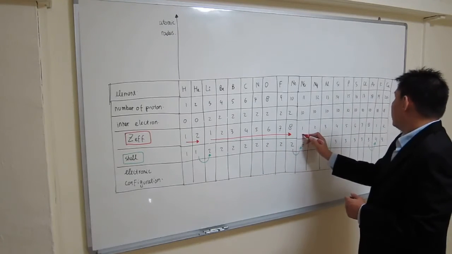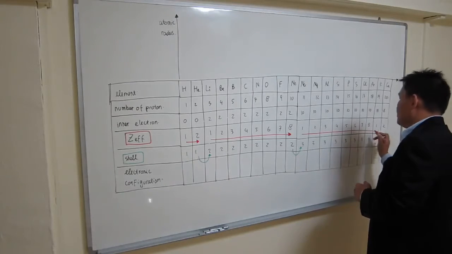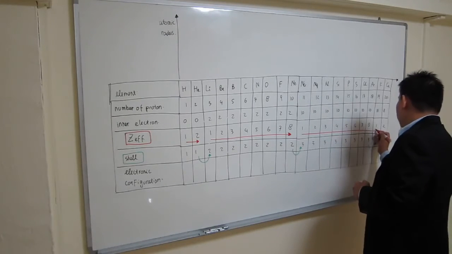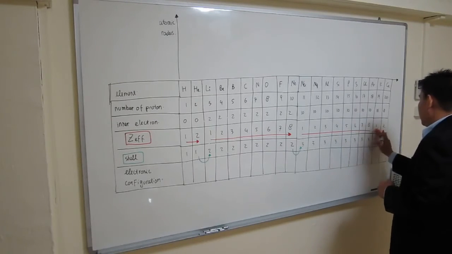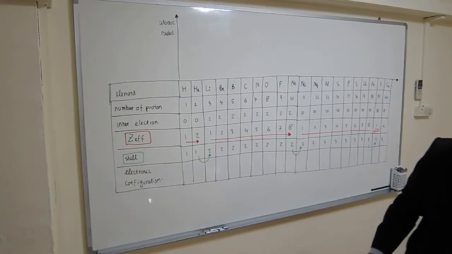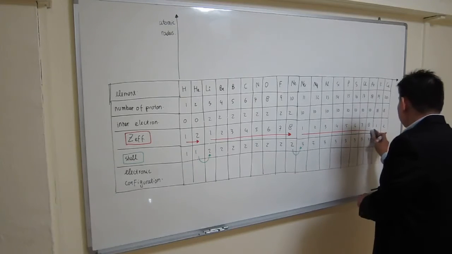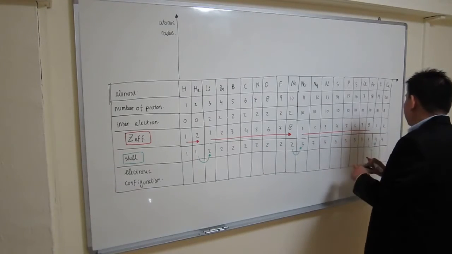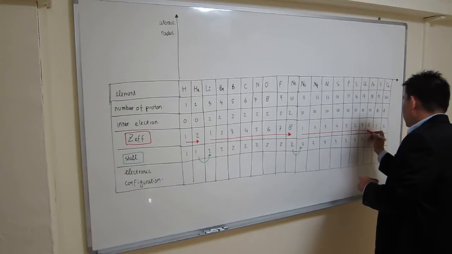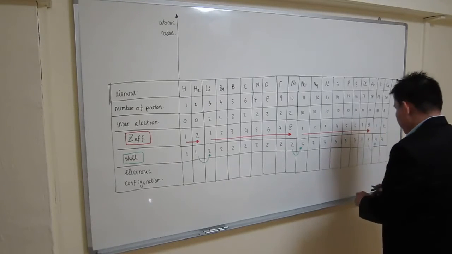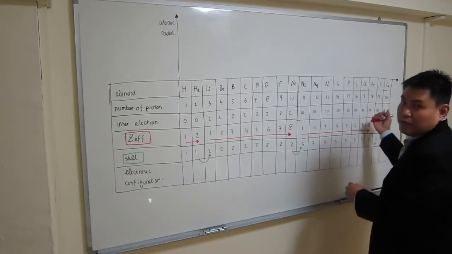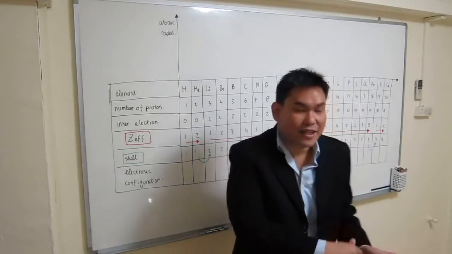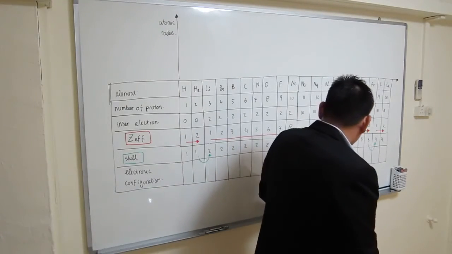And also from sodium to argon, you're going to see a gradual decrease of atomic radius. The same thing happens for potassium and calcium. Calcium will be slightly smaller than potassium.